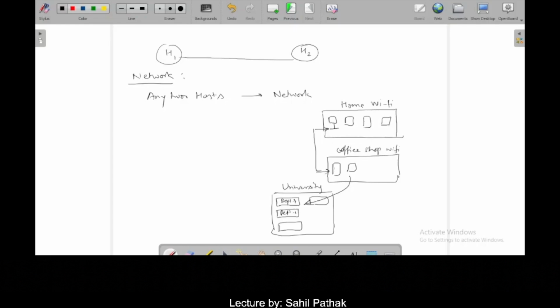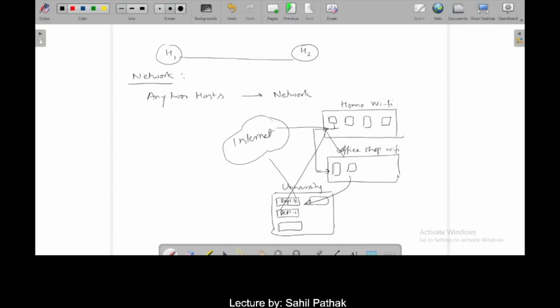Similarly, if we want to communicate from one network to a different network, then either you have a direct connection between all the networks, or the other way is that all these groups of networks are connected to the internet. The internet is a group of internetworks, or different networks connected to each other.